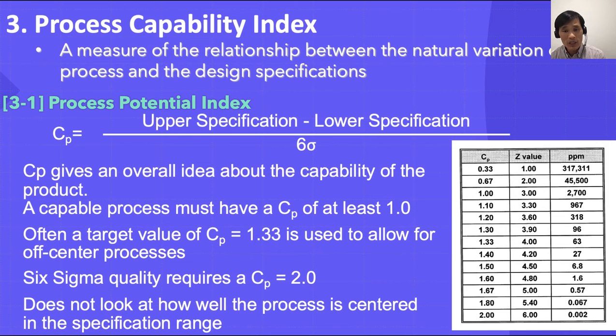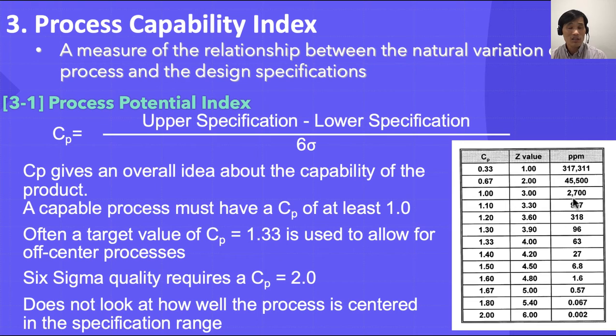And this Cp gives you an overall idea about the capability of the product, as I said to you. And the second thing is a capable process must have a Cp of at least 1.0. So 1.0 means if you convert that to Z value, it's about 3, which is 99.73%. If you also convert that to product defects per million, then 2,700 defects out of 1 million products or services.